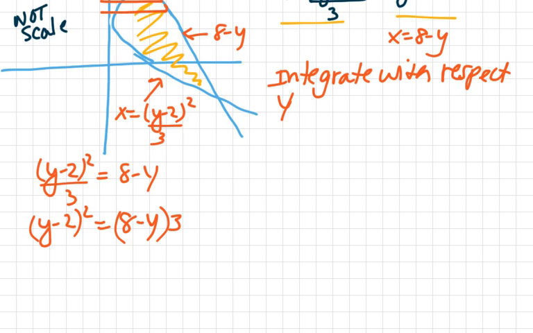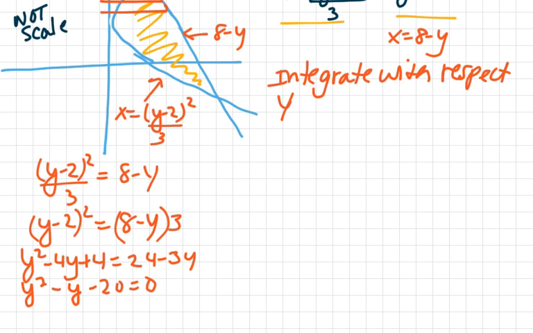On the left hand side you're left with y squared minus 4y plus 4, and on the other side you're left with 24 minus 3y. If I collect all my terms to one side and simplify, I get y squared minus y minus 20 equals 0. That's easily factored, and you get (y minus 5)(y plus 4).